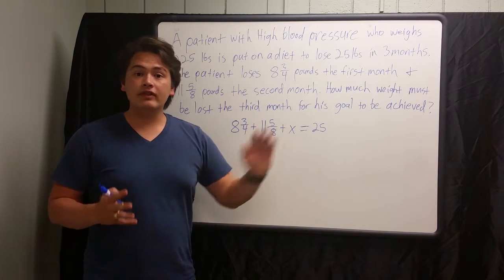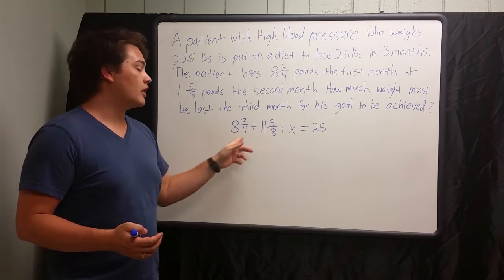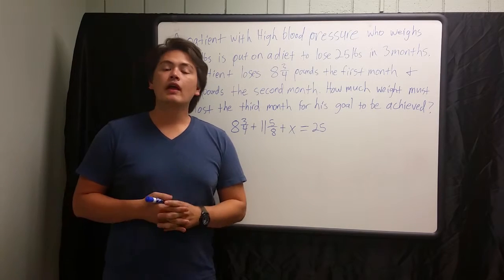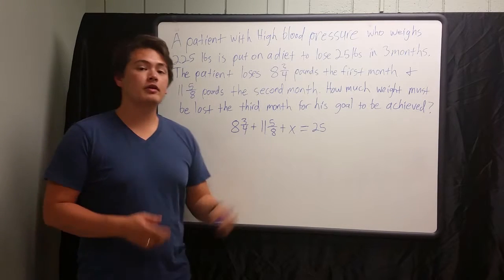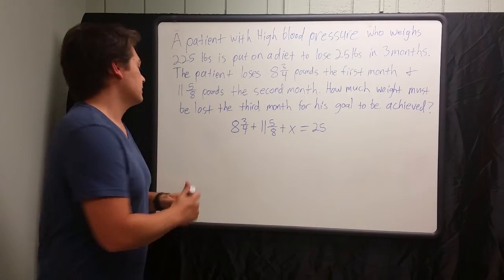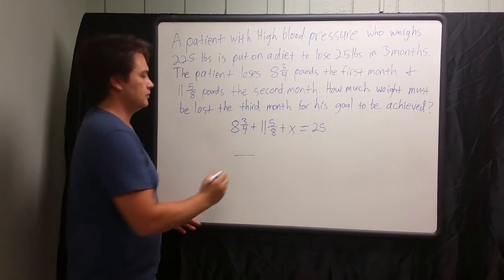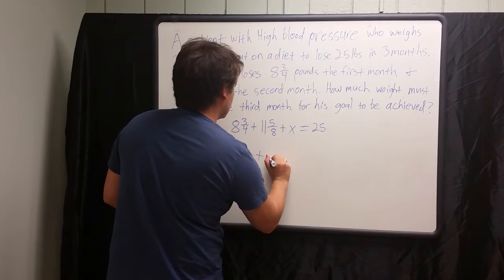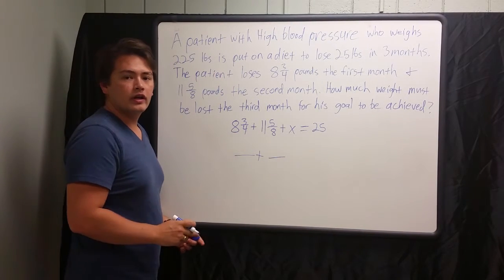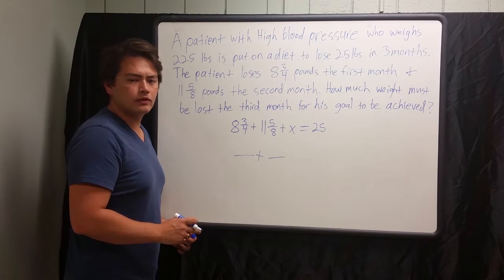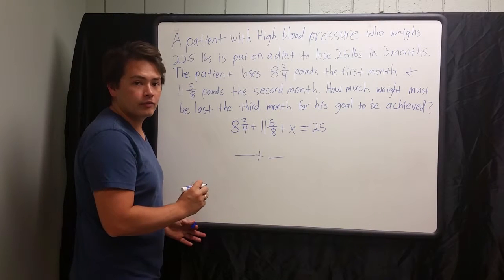Before I start moving things over, I'm going to combine these two numbers first. So I'm going to make these two numbers into improper fractions. 8 times 4 is going to give me 32. 32 plus 3 is going to give me 35.